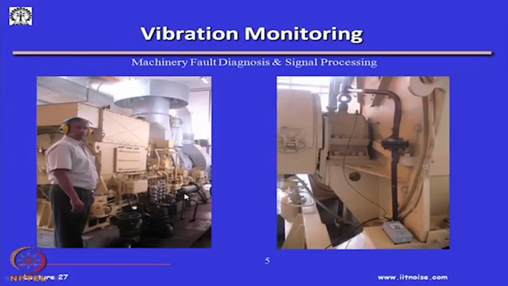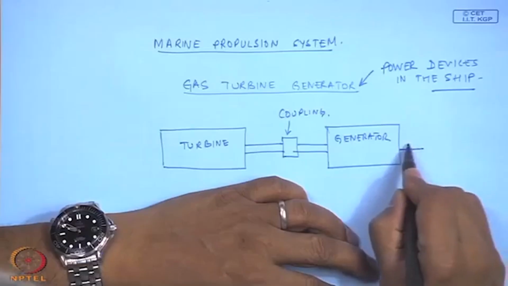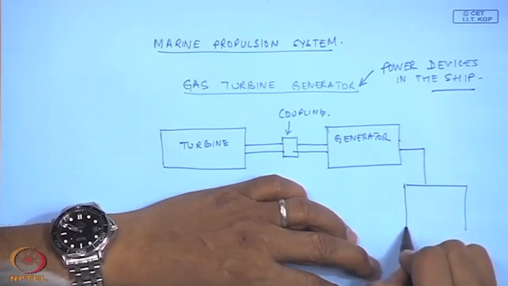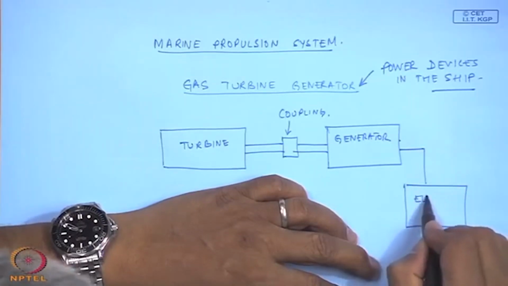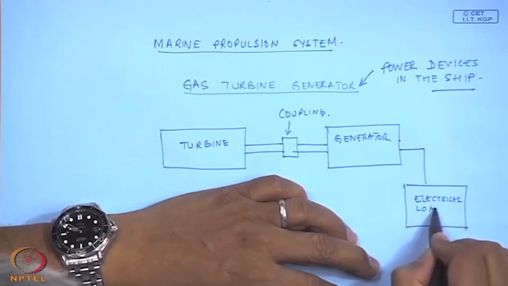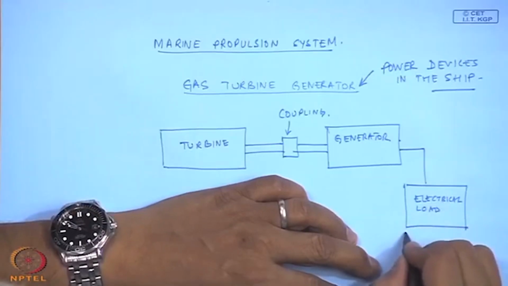Okay. Now, another view in the naval establishment: this generator was delivering power to a resistance bank. Whatever power we generated here went to an electrical load. This is a dissipative load made of resistances.